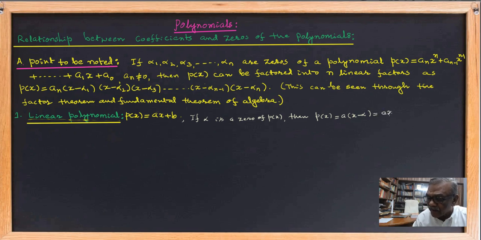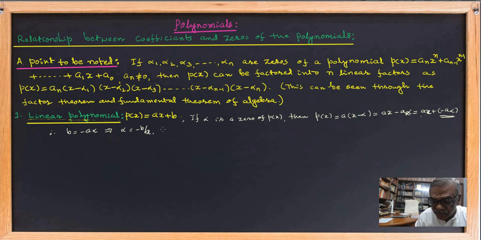That can be written as ax - a alpha, which is ax plus of minus a alpha. Now compare these coefficients, particularly the constant term. Therefore, b is equal to minus a alpha, and that can be written as alpha equal to minus b by a.